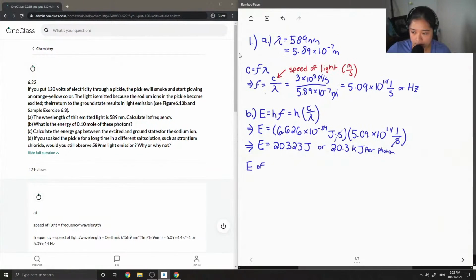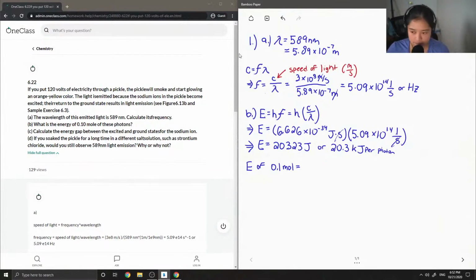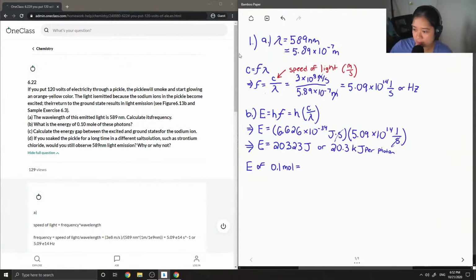Energy of 0.1 mole is equal to, oh, sorry. I skipped ahead a little bit. Let me just rewrite the actual answer for this.